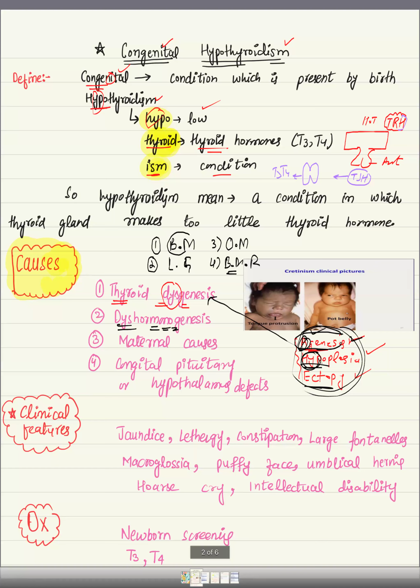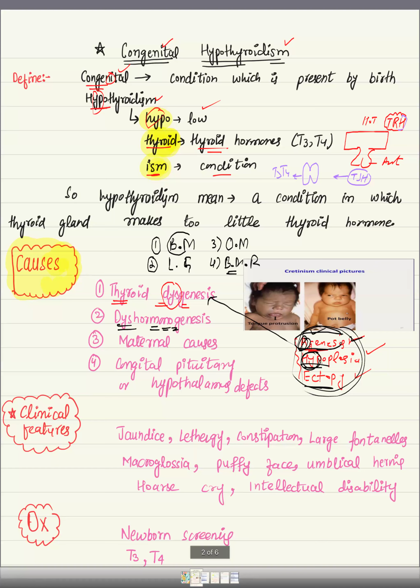Good. For example, PTU, propylthiouracil, and also methimazole. These are the anti-thyroid drugs. So if the person is suffering from hyperthyroidism, definitely we give these drugs. But you just have to remember these drugs can cross the placenta, and they will affect the thyroid hormone synthesis in the baby. This is the important point.